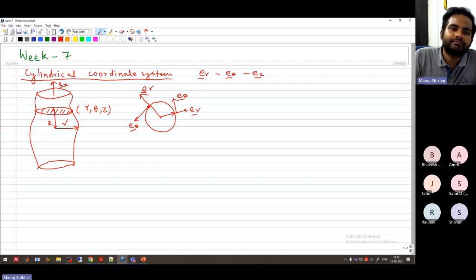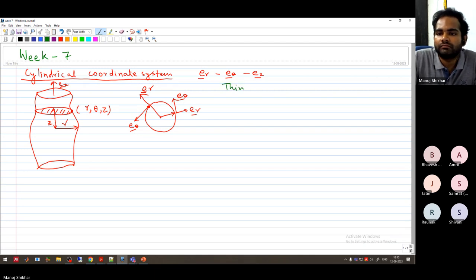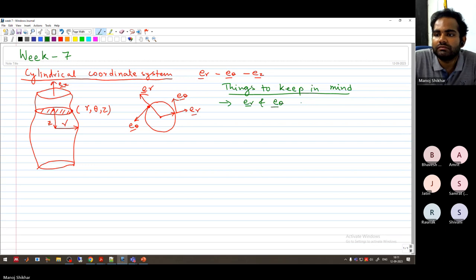Things to keep in mind. e_r and e_theta change with change in point.